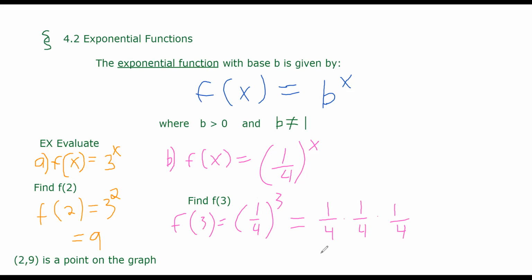Cubing something, you're just multiplying it to itself 3 total times. 1 times 1 times 1 on top is 1. 4 times 4 is 16. 16 times 4 again is 64. And that's it. So the point (3, 1/64) is a point on the graph of this new f of x.